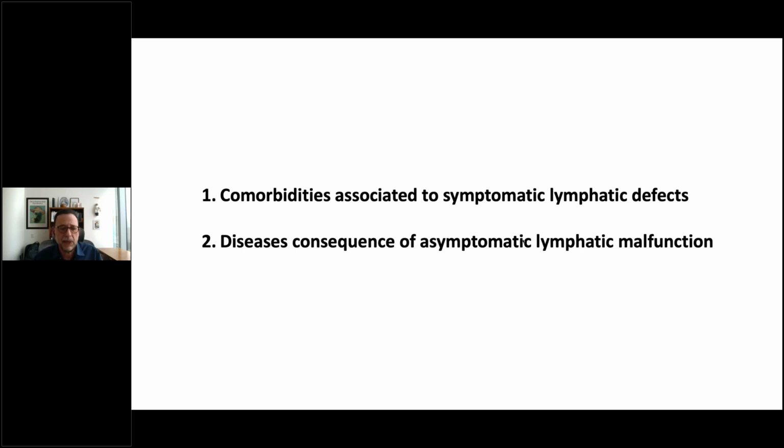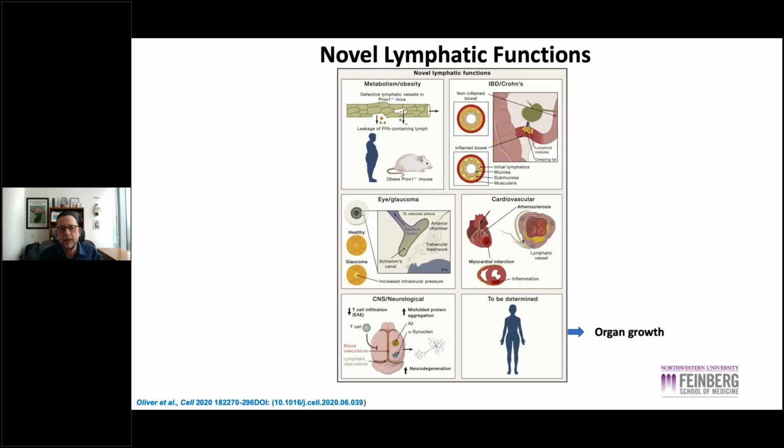In those, we take blood samples, compare the levels of PF4, and see what types of associated comorbidities are present, to see if we can really link in a definite manner a variety of lymphatic disorders with malfunction, symptomatic or asymptomatic, of the lymphatics, including obesity. And that's where we are in this aspect.